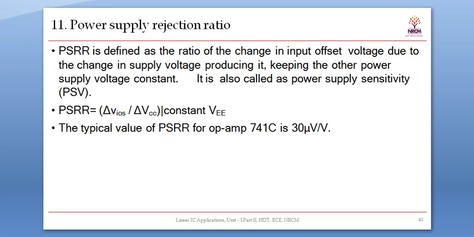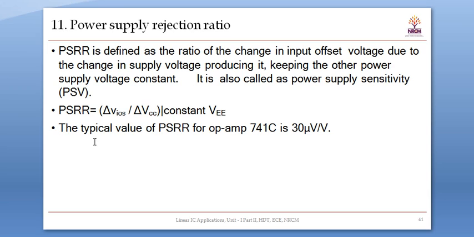The next electrical parameter is power supply rejection ratio. It is also called supply voltage rejection ratio, or power supply sensitivity, and it is the ratio of change in input offset voltage to the change in supply voltage. So here the PSRR is delta VIO divided by delta V, that is, change in input offset voltage to the change in supply voltage.